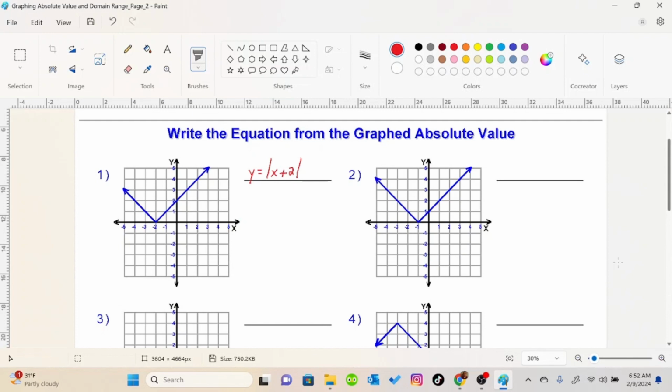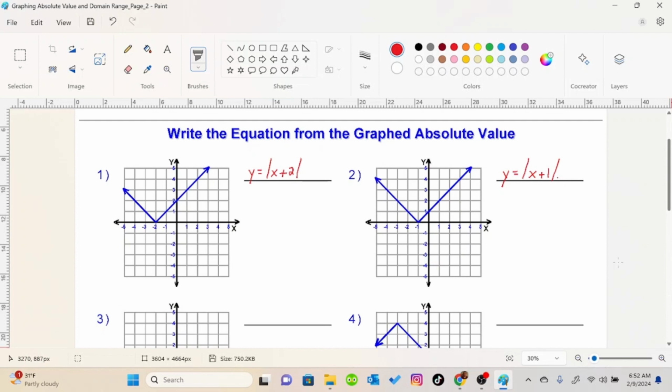For number 2, again, we start with y equals. This graph opens upward, so it's positive. Now we have absolute value of x. We see that it shifted left 1, so that's plus 1 inside the absolute value symbols.